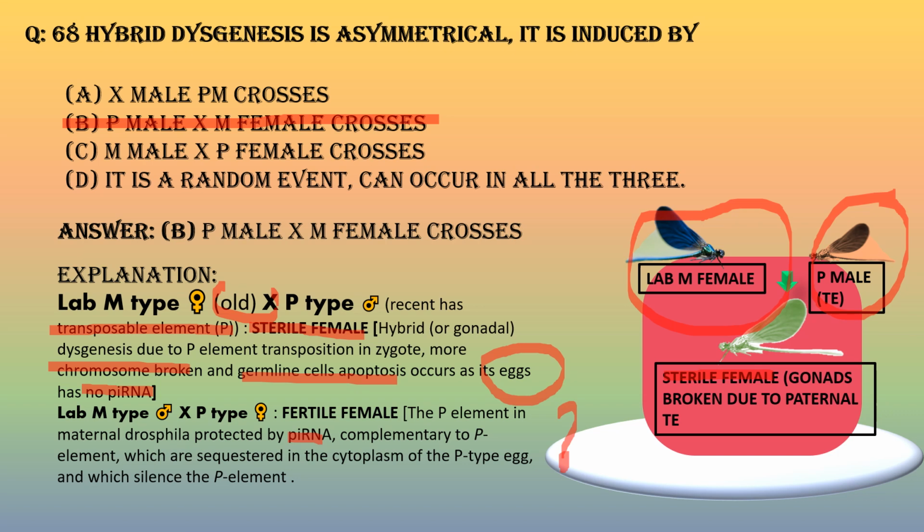So it becomes a sterile female because of the P element present in the male. So the answer is P male crossed with M female produces hybrid dysgenesis because P is inherited directly. In the case of the female, this P element becomes silent due to the piRNA present in its cytoplasm. Okay, so next one.